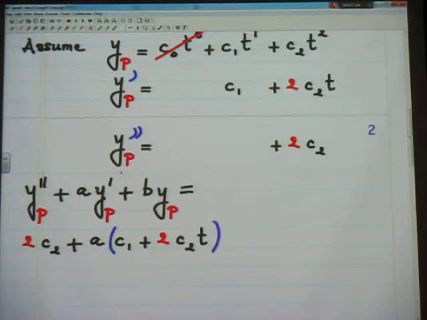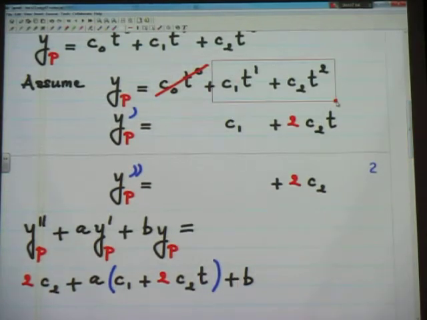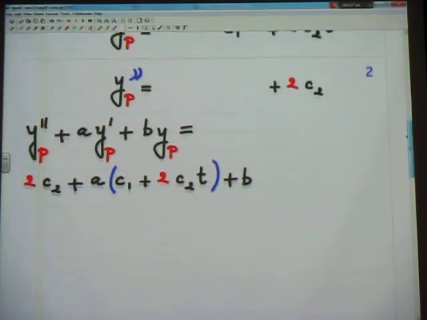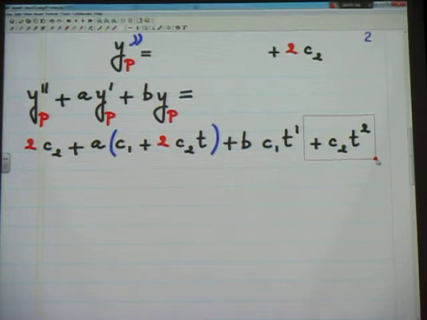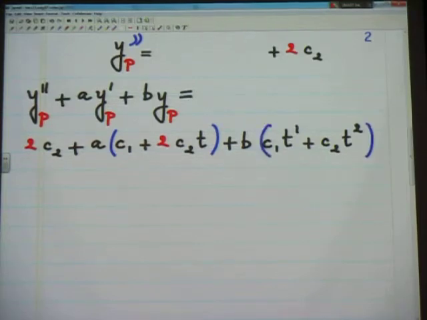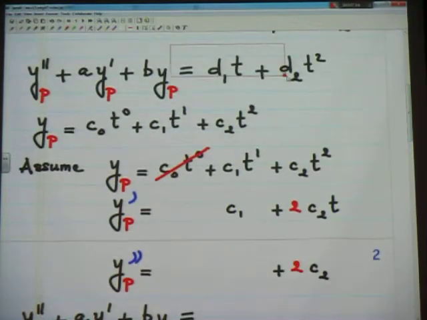And then plus B times YP, and that's this one, right? C1 t plus C2 t squared, okay? And on the right-hand side, you have the same excitation, which is this one.